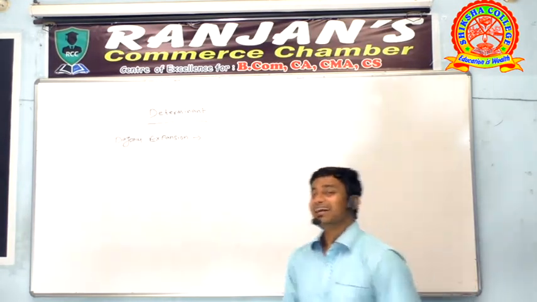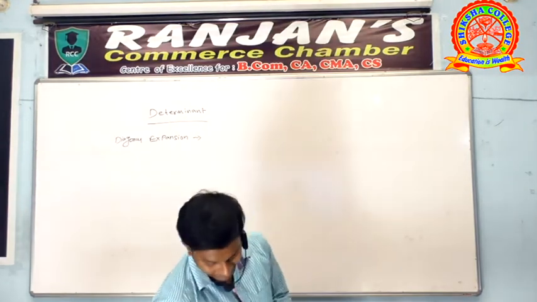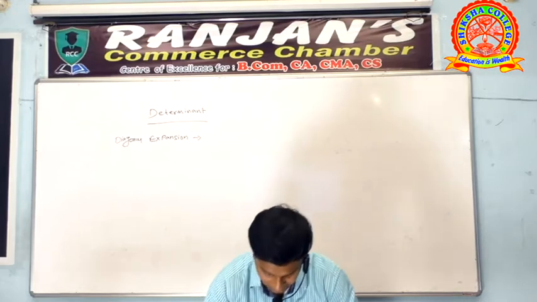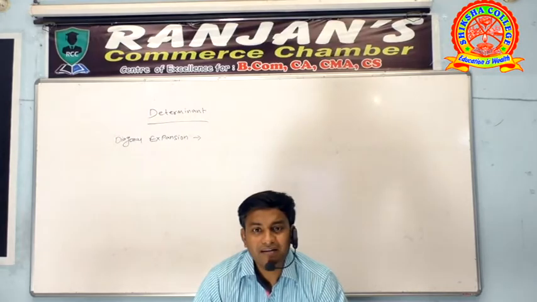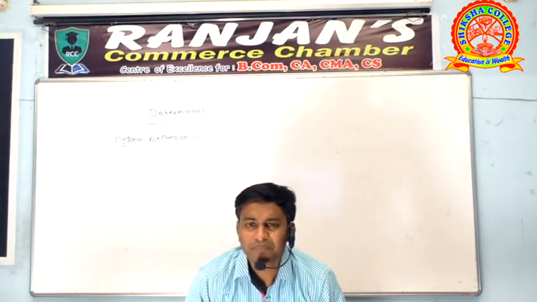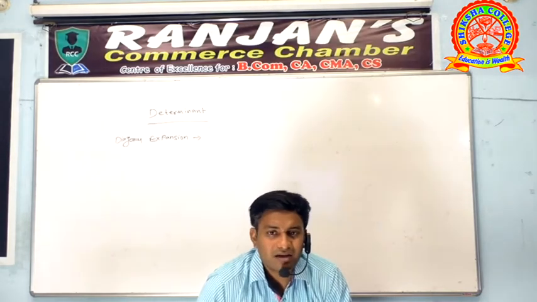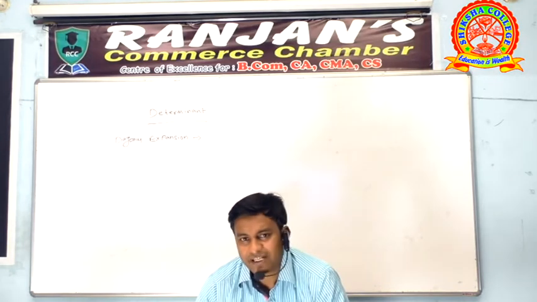Okay, so how to find the determinant in the diagonal expansion method? There may be a question asking to find the determinant of a given matrix. A matrix is given and you are asked to find the determinant. Clear? It is very simple.